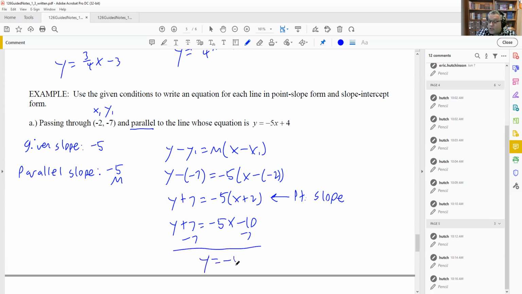We get y equals -5x minus 17. And that is going to be our slope intercept form. Okay, so now we have both the things that they're asking for. So once you have point slope, then you just want to solve for y to get the slope intercept form. That would be our answer for that.